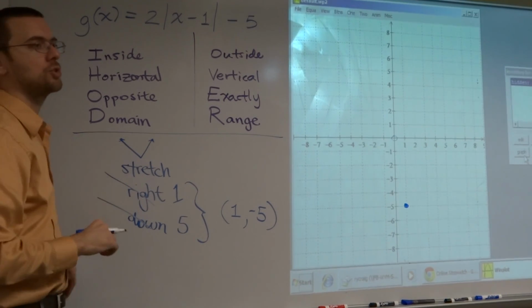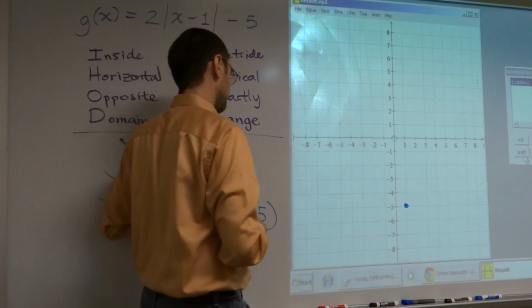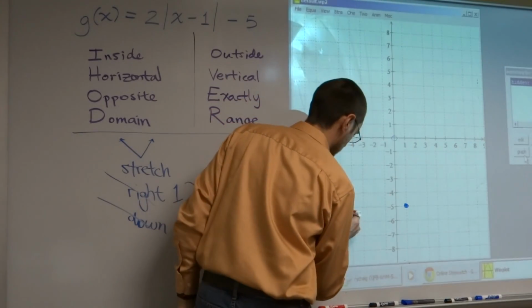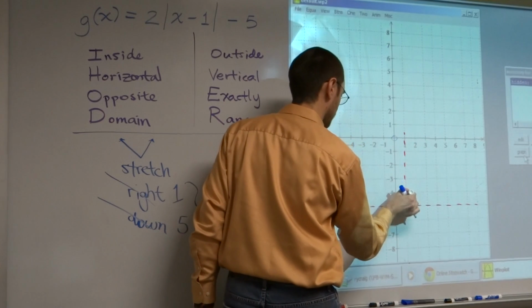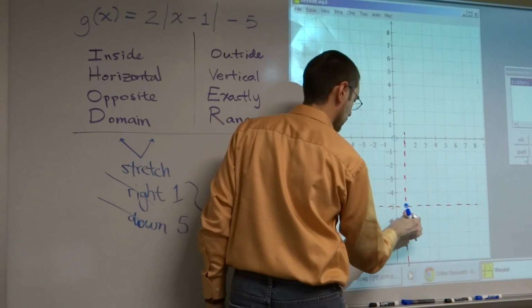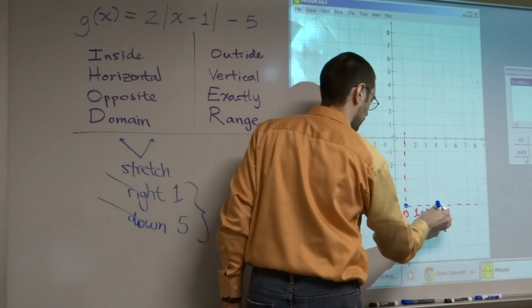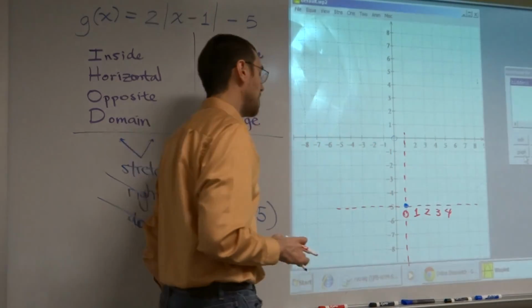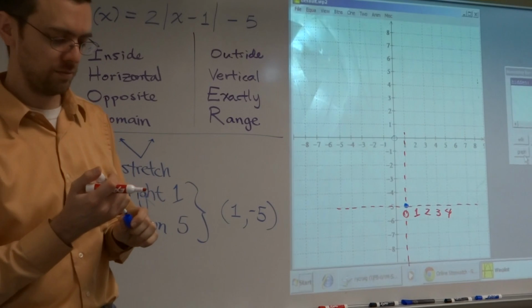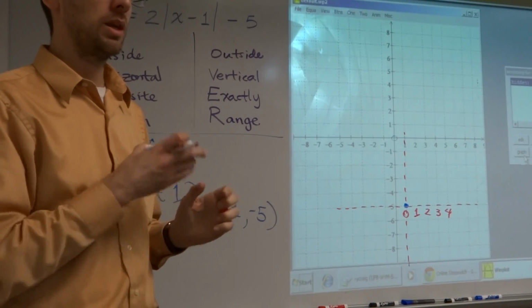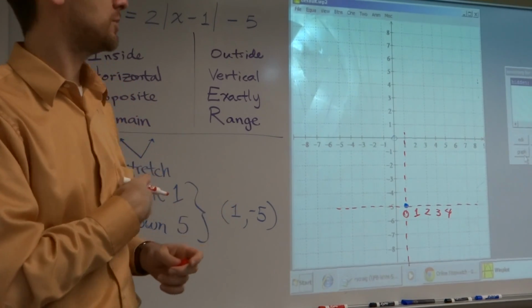Now you have to apply the stretch along with your shape. So just like we've been doing, 0, 1, 2, 3, 4, and so on. Now this is absolute value, so what's the cool, easy thing about absolute value? It's a 1. We can look at it like the slope.